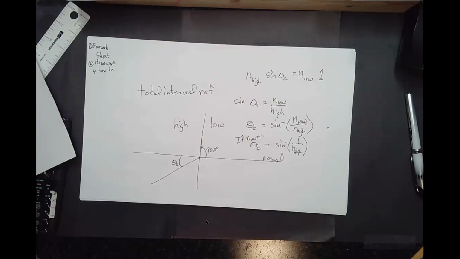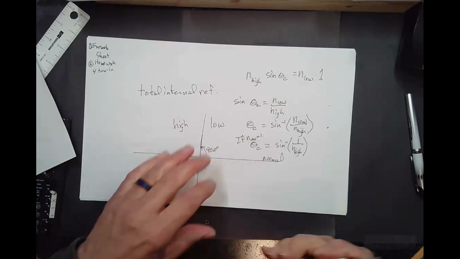In fact, in binoculars, there are a couple of prisms that take advantage of total internal reflection. I'll kind of show you the setup on it.